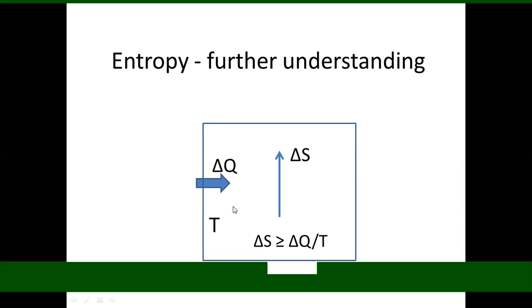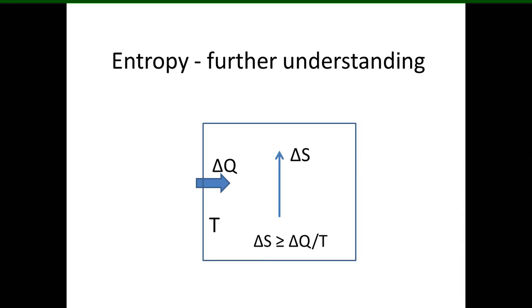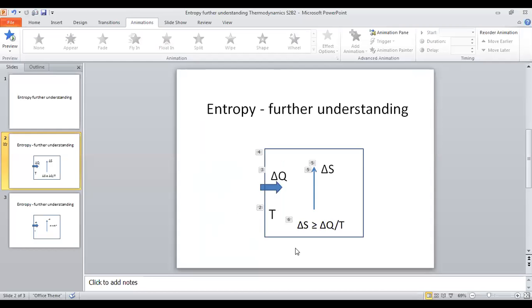You know this well because on our previous day we referred to the steam table and calculated delta S in a laboratory scale test. Delta S equals delta Q by T, with equality when the process is reversible.